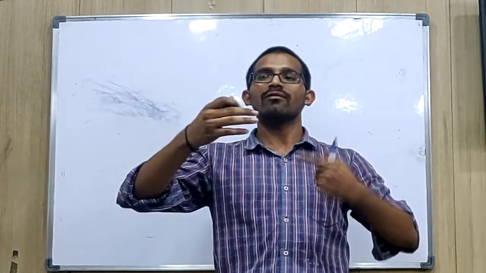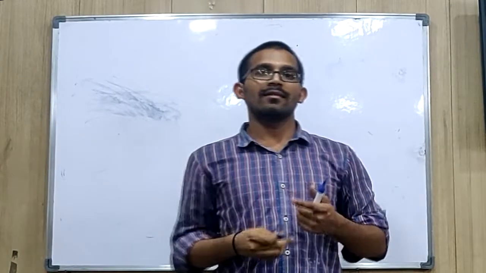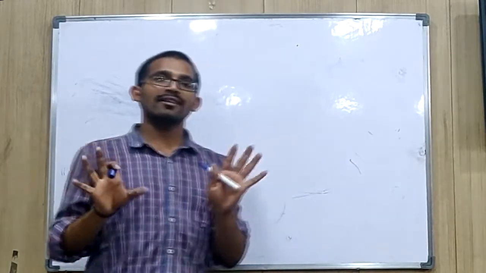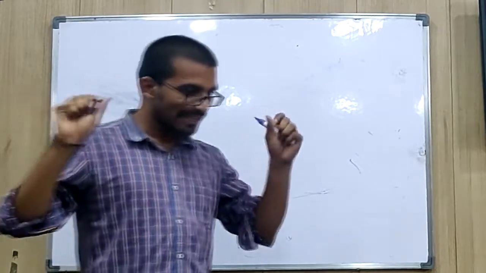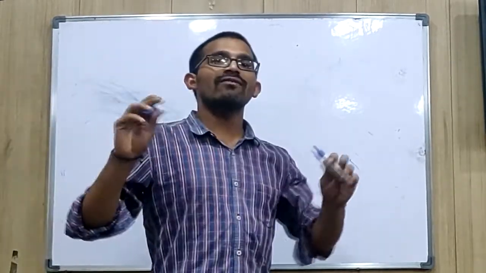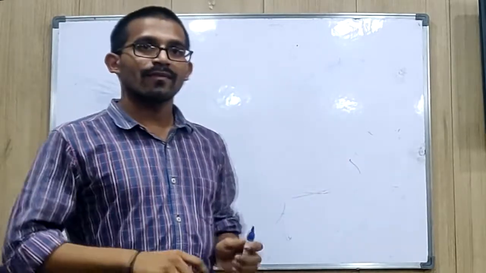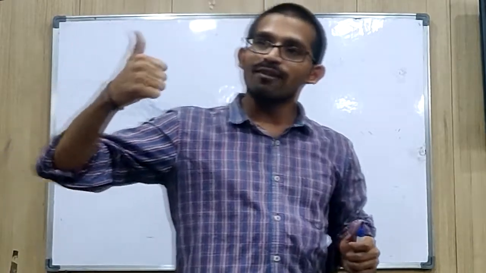Why do we want to overload? What is static binding? What is dynamic binding? Simply, in 10 minutes, I can make you aware. You can get out of the fear of Java in just 30 minutes. Definitely, I assure you, you can get out of the fear of Java.